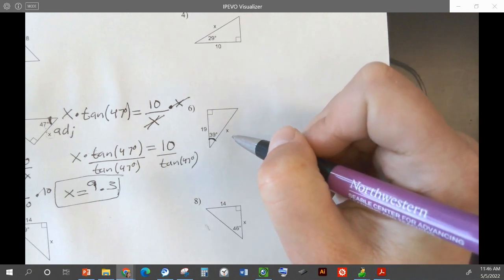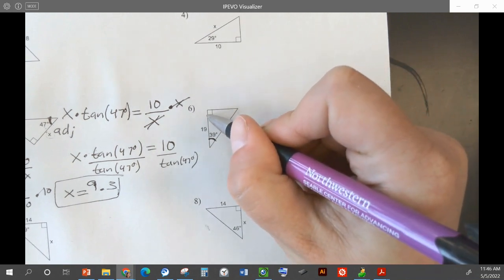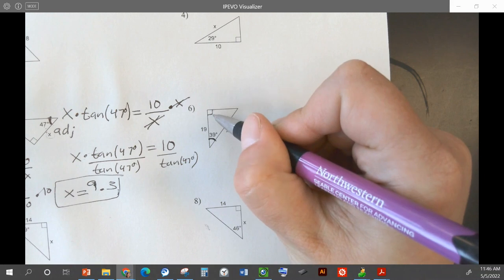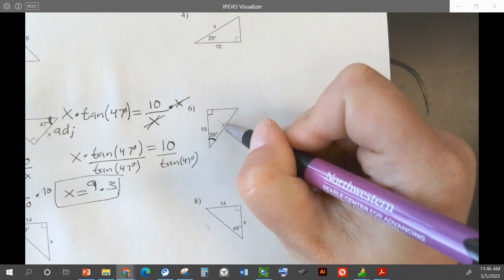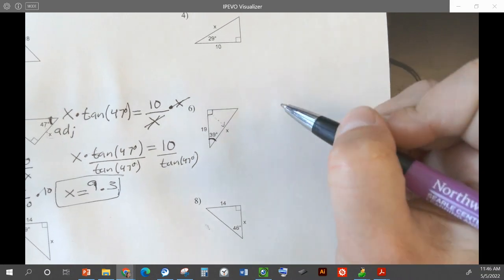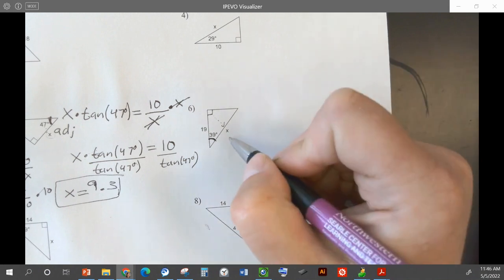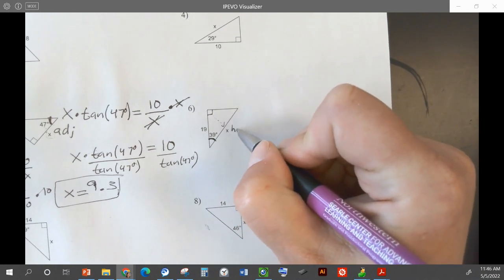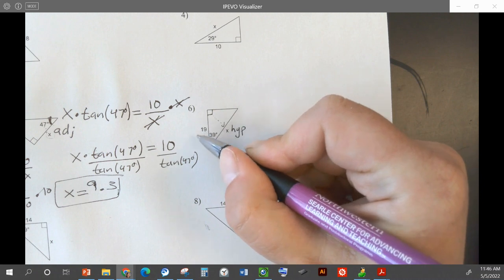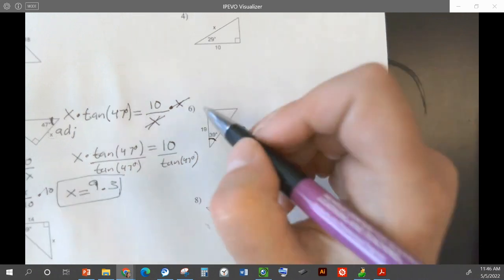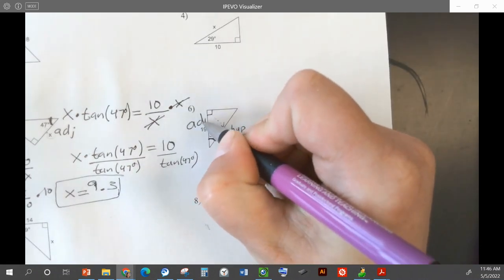So we don't know what x is, but if you're confused, always look at this 90, and this 90 is pointing to the hypotenuse. Does that help? So x is our hypotenuse. Good. And what is 19? Good. Adjacent. Good. I think that one's hard to find, so good job.